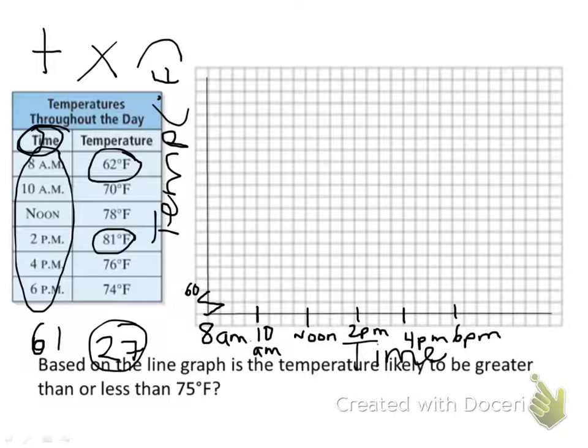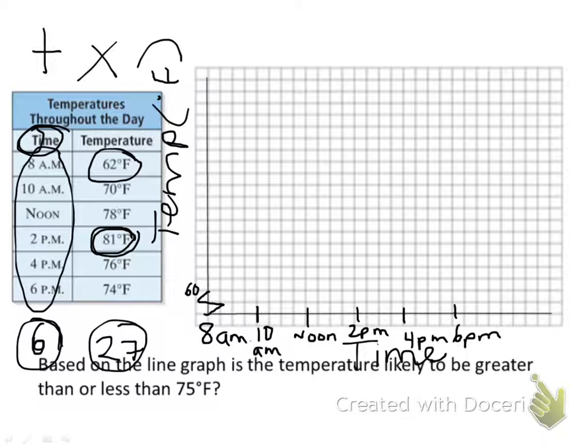Okay, now we need to figure out how much we're going to go up by. We have 18 spaces along our axis, and we're going up to 81. So I think we could go up by 2 and be just fine.